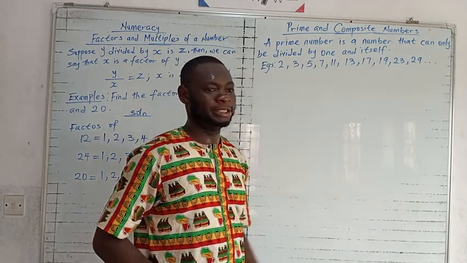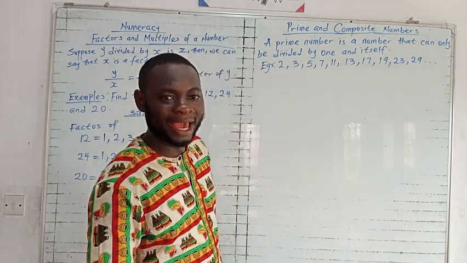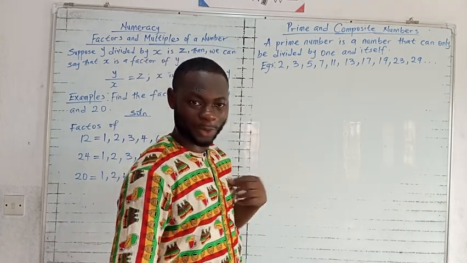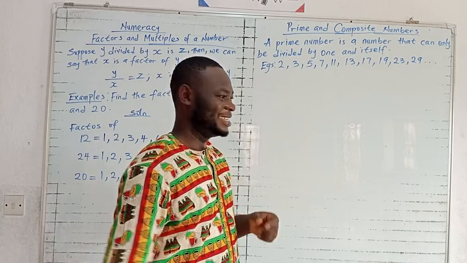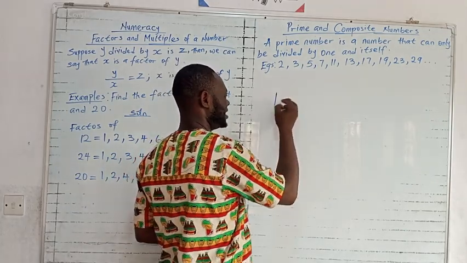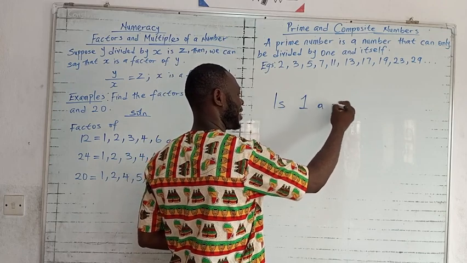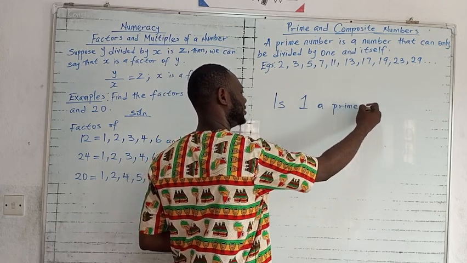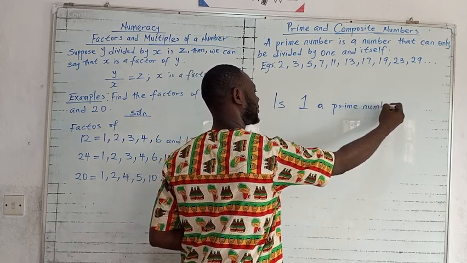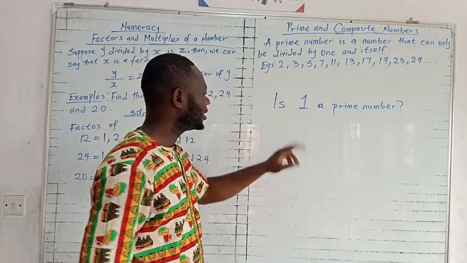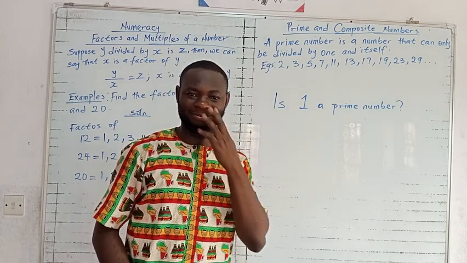All these listed are what? Prime numbers. Now, if you notice, there is no 1 there. The question now is, is 1 a prime number?